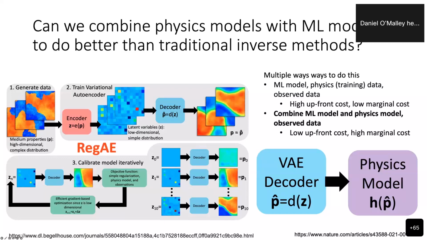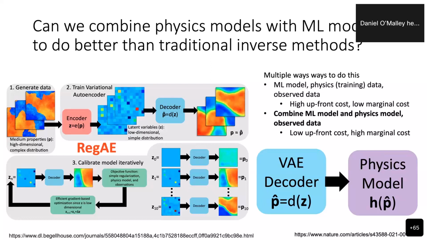You generate some images of what you think the subsurface looks like. You would train a variational autoencoder to map these images to a latent space and then map them back to the high dimensional space, where it looks like a permeability map. Once you are happy with the way this has been trained, you take that model and combine it with the physics model and do the inverse analysis.